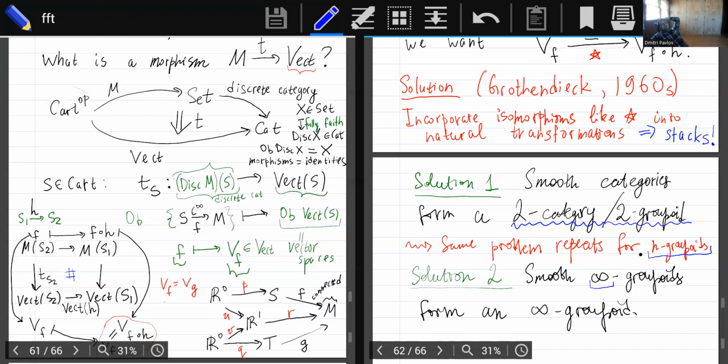And I think already at that point it was clear that this is a path to nowhere, and you really should do infinity groupoids right away. And that's what we will be trying to do now: to understand first what an infinity groupoid is, and secondly, how to work with infinity groupoids, and how to define smooth infinity groupoids and work with them.